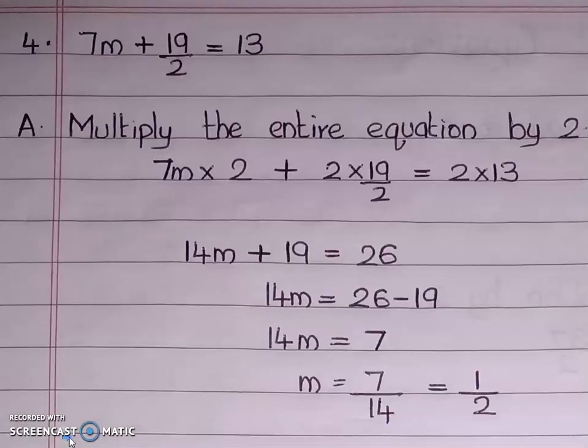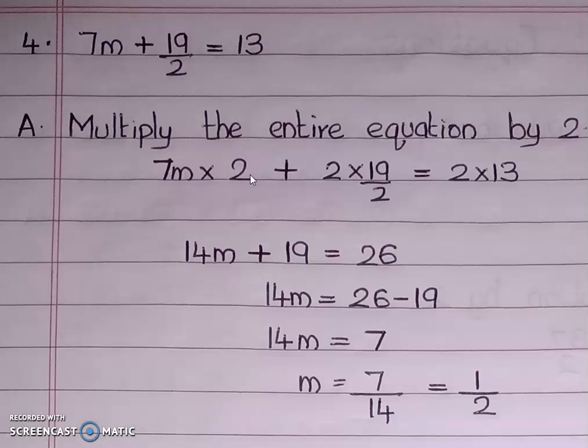Your fourth question is 7m plus 19 by 2 equal to 13. Which is the denominator here? The denominator here is 2. So multiply the entire equation by 2. 7m into 2 plus 2 into 19 by 2 equal to 13 into 2.